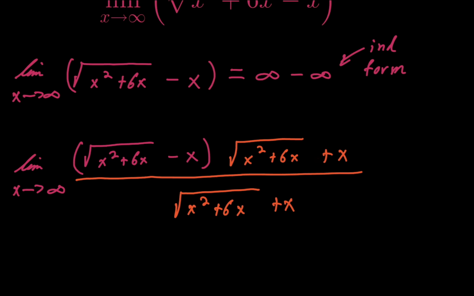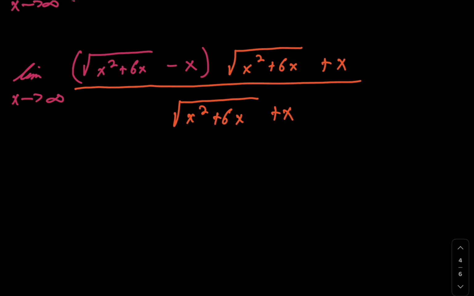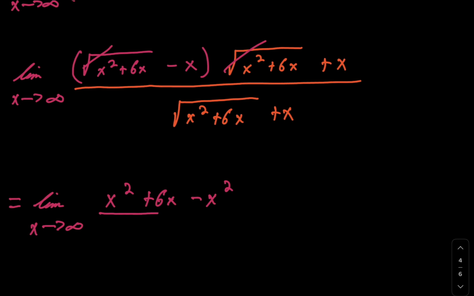So what happens now is upstairs in the numerator, you have a difference of squares. So these radicals will disappear, and we can copy and paste what's under the radicals. So we'll have x squared plus 6x, and then we'll have negative x times x, which is negative x squared, all divided by the square root of x squared plus 6x plus x.